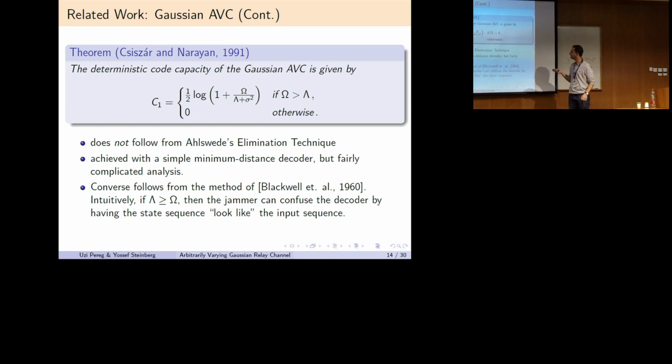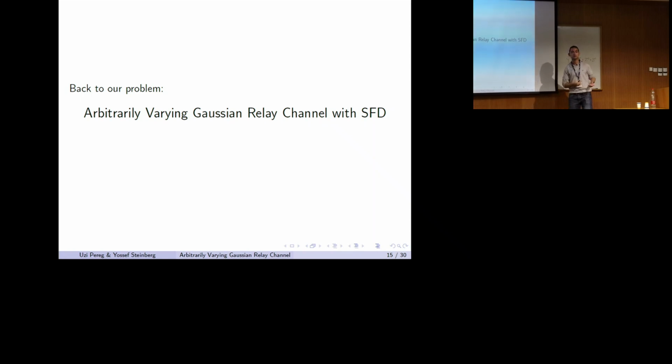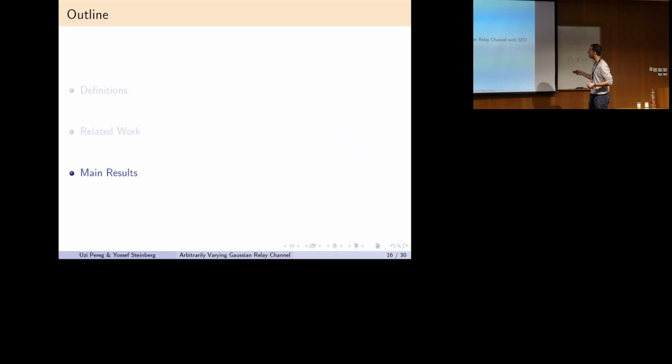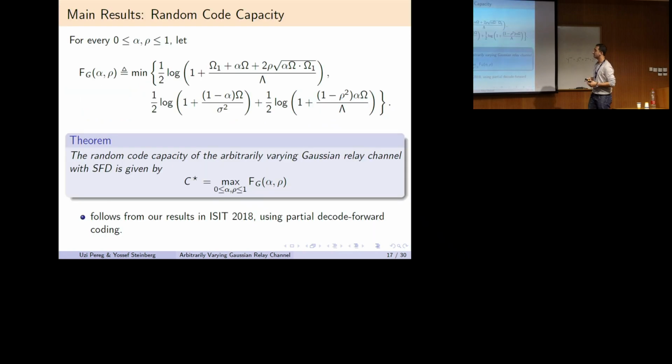That's the intuition. So now we go back to our problem of the arbitrarily varying relay channel with sender frequency division. We give our main results. We begin with the random code capacity. Here we define this function fg of the parameters alpha and rho, where alpha is the fraction of the input constraint that the transmitter invests in the first component of the input.